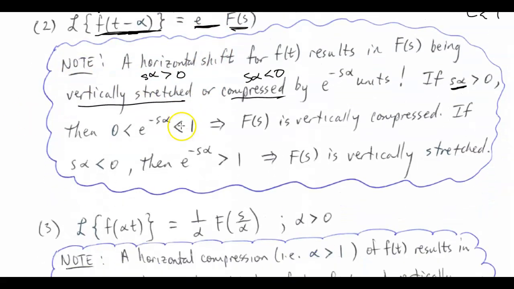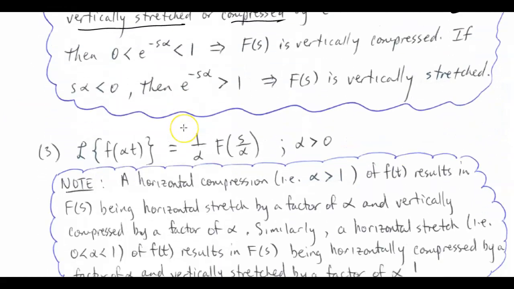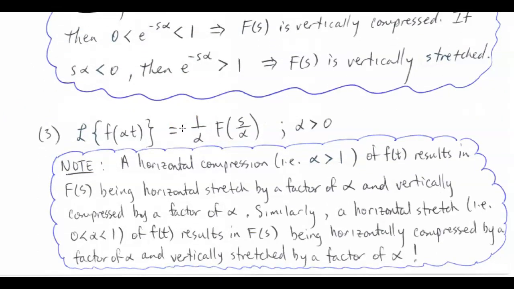For our last translation property, we see here that if we are taking the Laplace transform of some function, and that function is either being horizontally stretched or horizontally compressed, because that's what it means to have a constant being multiplied times t here. Let's say we had sine of x.